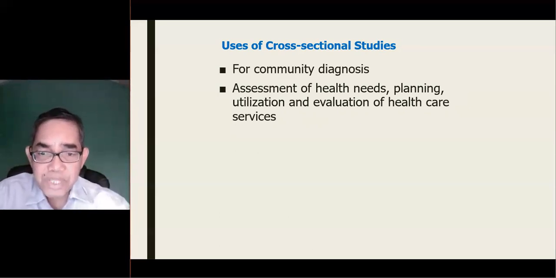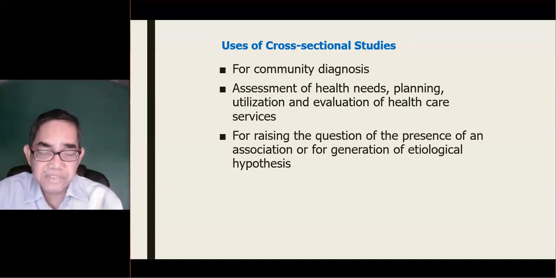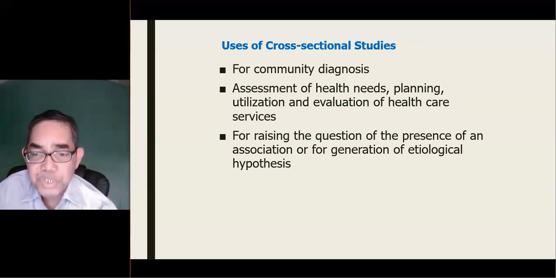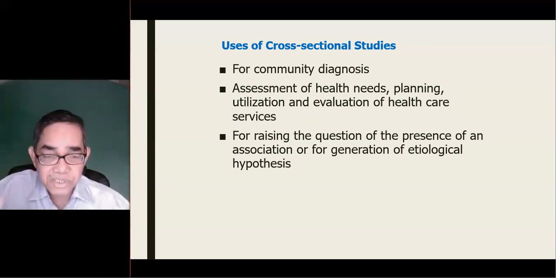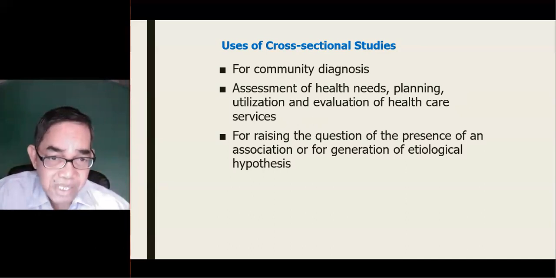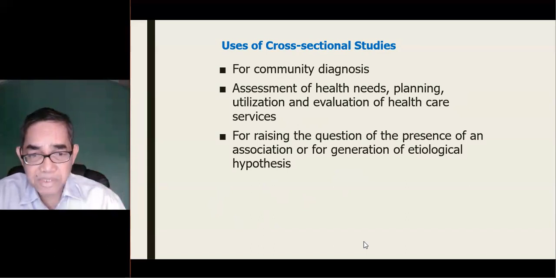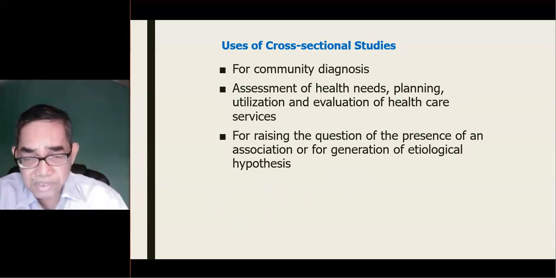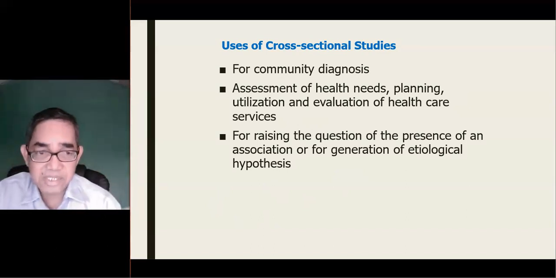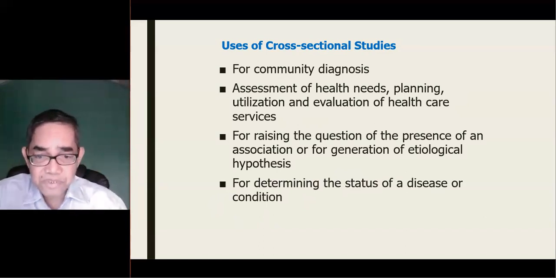And so we need to assess their needs, plan, utilize, and evaluate healthcare services, and for raising the question of the presence of association for generation of etiologic hypothesis. Again, a cross-sectional study, which is a descriptive study, can be done to generate hypotheses, and when you generate hypotheses, you now make an analytic study. And for determining the status of a disease or condition.